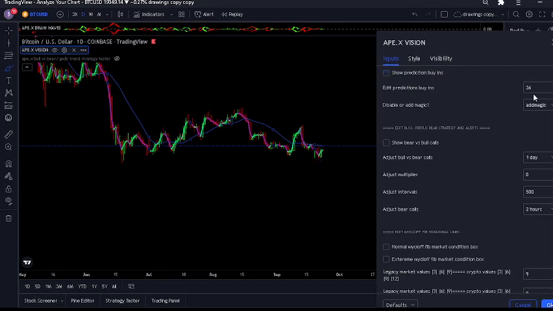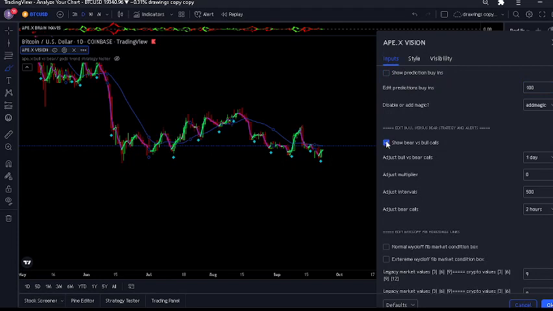You can also edit the calls itself, so if you want the buy-ins to be like 1,000 for example, it adds more calls to the chart. You could go ahead and play around with that. I'll be adding all this to the strategy once I get everything completed and make sure it works correctly.